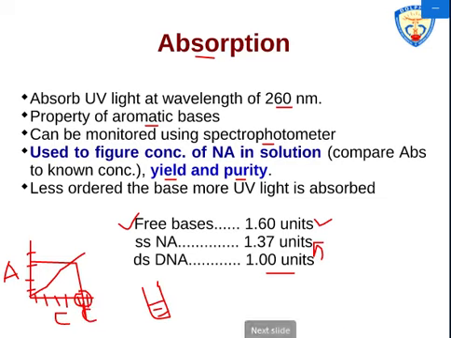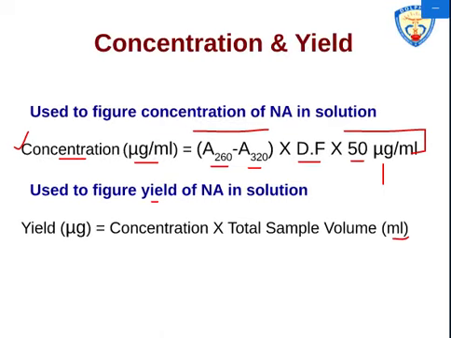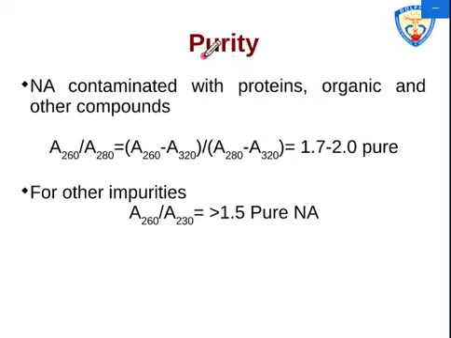Now absorption value, apart from concentration and yield, can also be used to find out the purity of a nucleic acid sample. When we extract nucleic acids, they might be contaminated with proteins, or with the organic or other compounds that we are using for the extraction purpose. We deproteinize the sample using phenol or phenol chloroform.